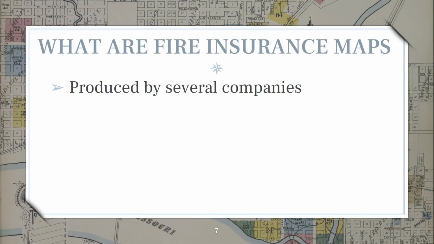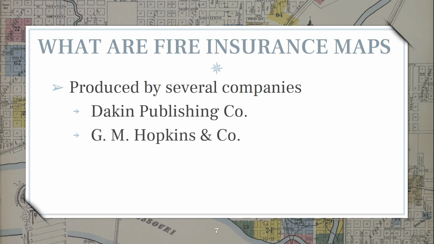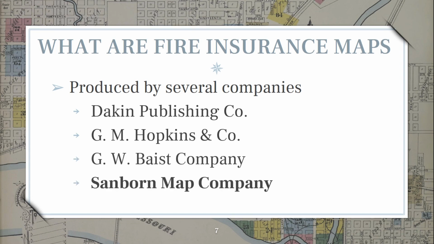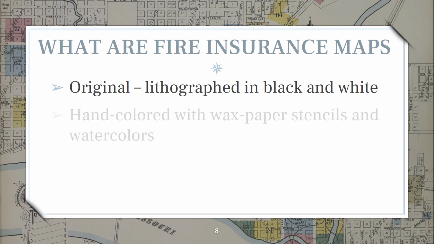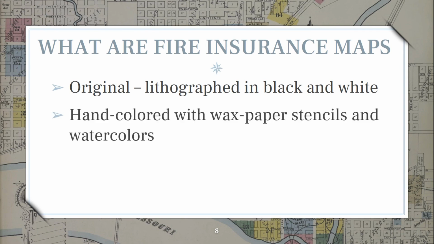Now, several companies have produced fire insurance maps over the years, including the Dakin Publishing Company, G.M. Hopkins and Company, G.W. Bromley and Company, and the most prolific and well-known of these, the Sanborn Map Company, which we'll talk about a lot in this talk. The original maps were lithographed in black and white and then hand-colored with wax paper stencils and watercolors.